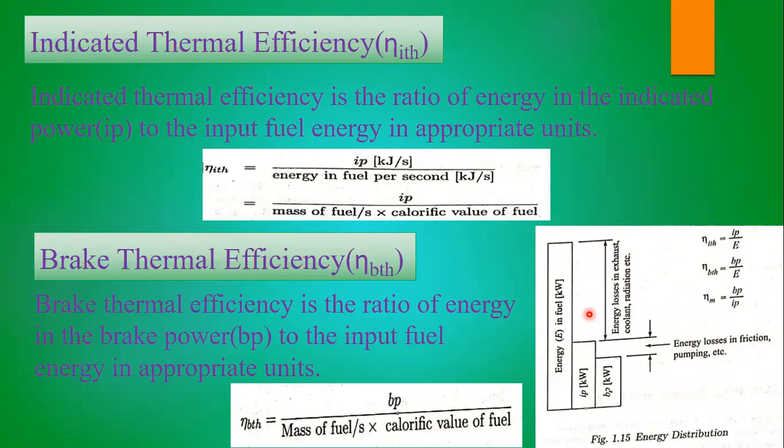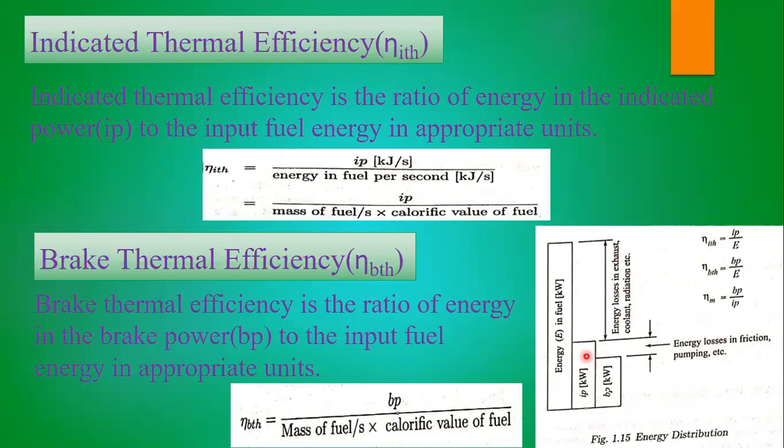The hot water, having absorbed energy from the cylinder, is circulated to the radiator, where the radiator cools the hot water and sends the cooled water again to the engine. That is the radiator here. Some of the energy is lost by this radiation process, and several other factors also cause energy losses from the indicated power.